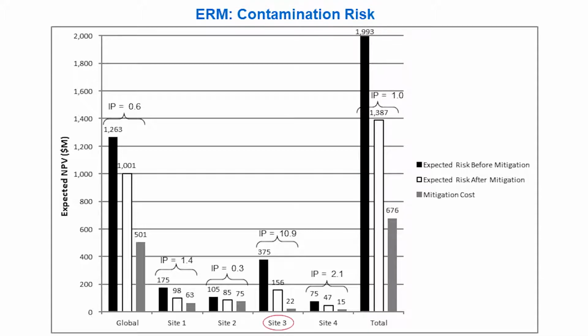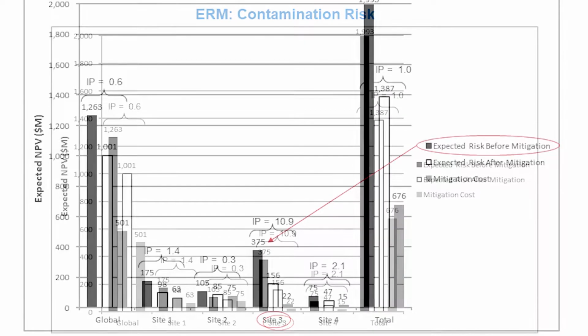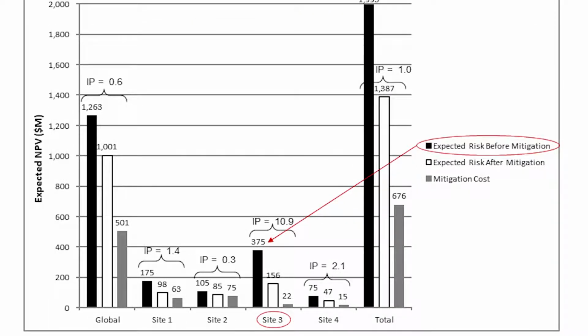As an example, at Site 3, the expected risk liability for contamination risk is about $375 million in today's dollars. We can reduce that risk liability to about $156 million if we pursue the risk mitigation strategies proposed, and the cost of those strategies is about $22 million.